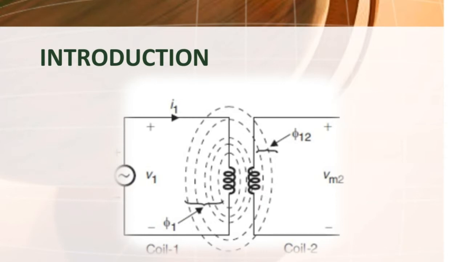Coupled circuits refer to elements involving magnetic coupling. If the flux produced in an element links another element of the same circuit, then there exists a magnetic coupling.